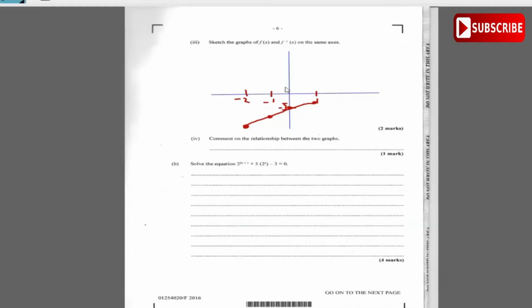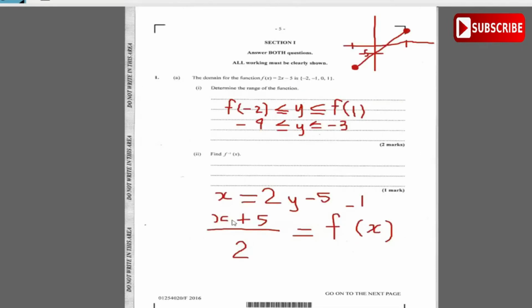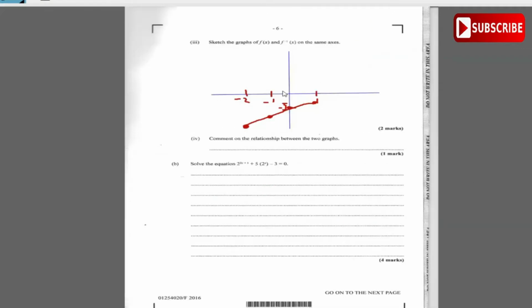So let's sketch this now. F inverse of x is x plus 5 over 2, which cuts the y-axis at 5/2 with a gradient of 1/2. 5/2 is 2.5.